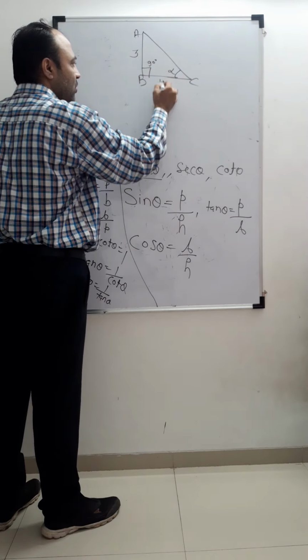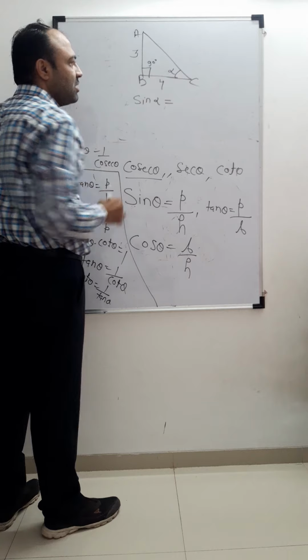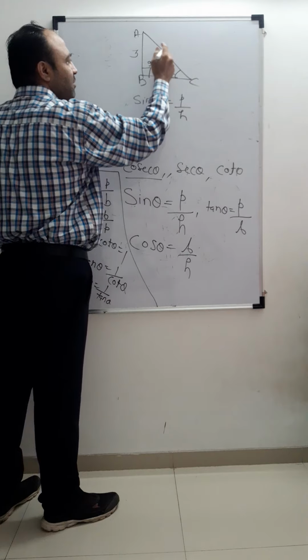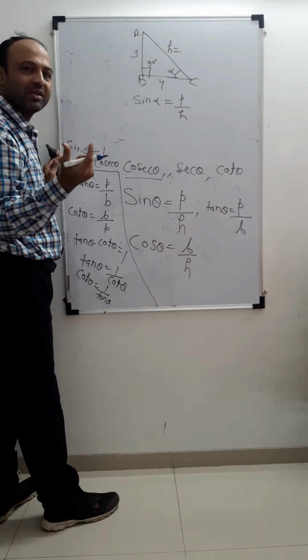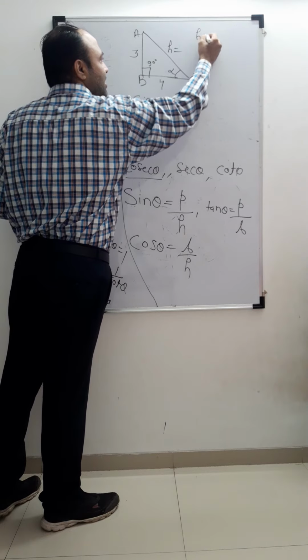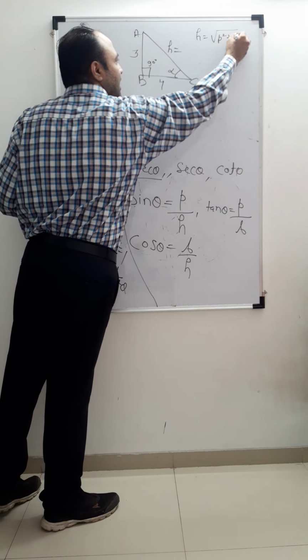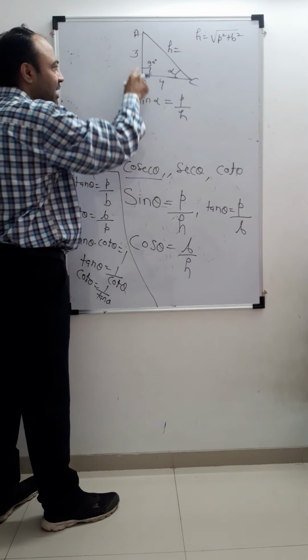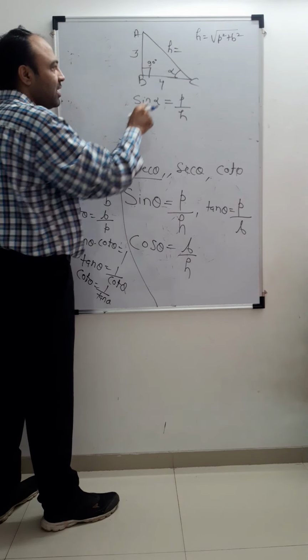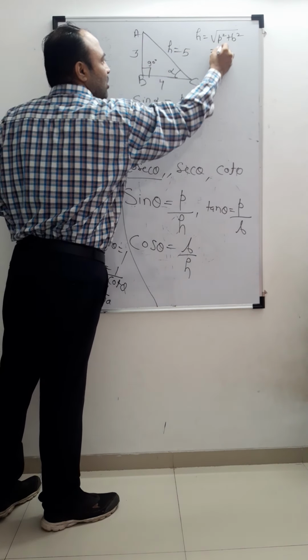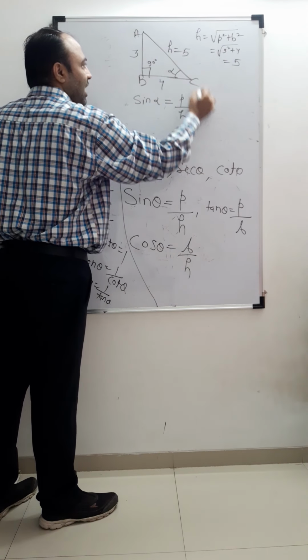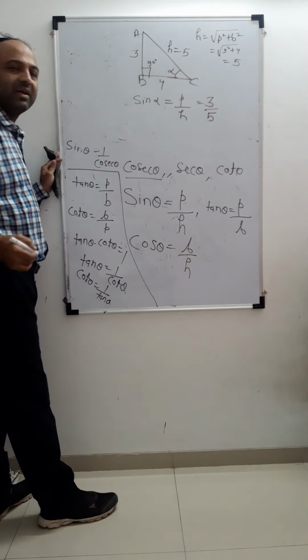Now we have to find sine alpha. Sine alpha we know is P by H. H is the hypotenuse, going to be from the Pythagoras triplet. H is root under P square plus B square. All of you are aware of the Pythagorean theorem: H square equals P square plus B square. Perpendicular square plus base square equals H square. So H is going to be 5 here, root of 3 square plus 4 square, it is 5. So sine alpha, what can you write? P is 3 and H is 5. So sine alpha is 3 by 5.